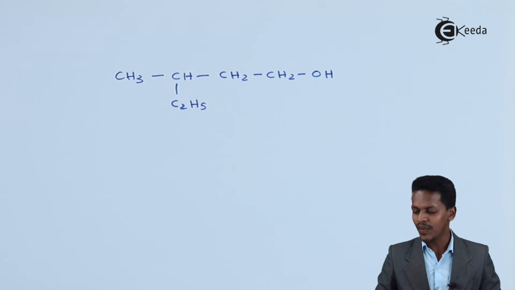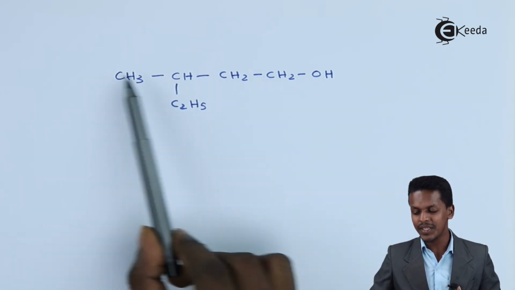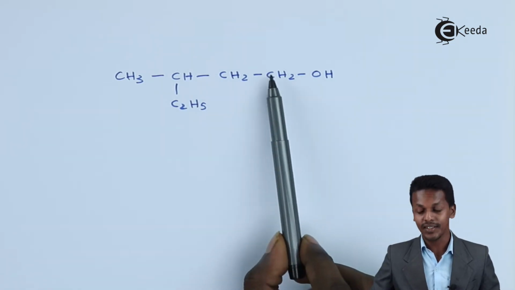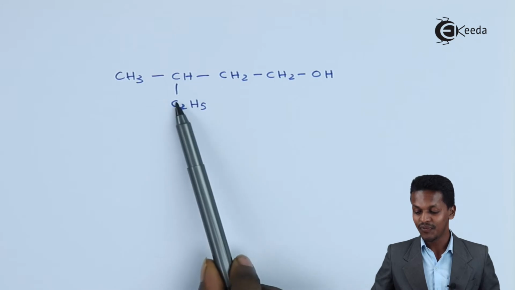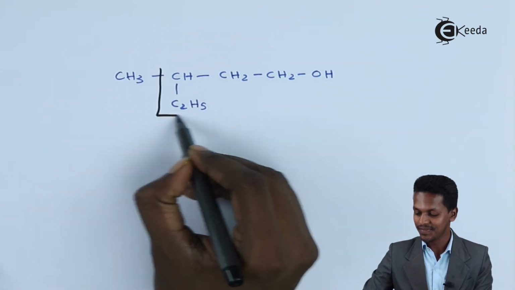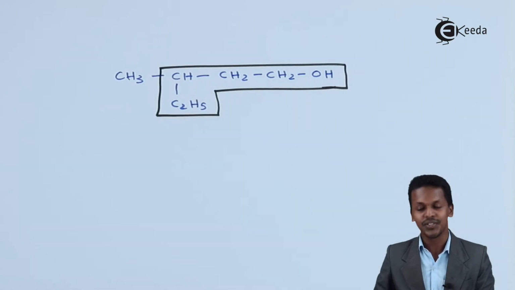In that case, we could find carbon number 1, 2, 3, 4, so this would be the longest chain. But if we observe carefully, we get carbon number 1, 2, 3, 4, and 5. So this is our longest chain containing the functional group, that is OH.